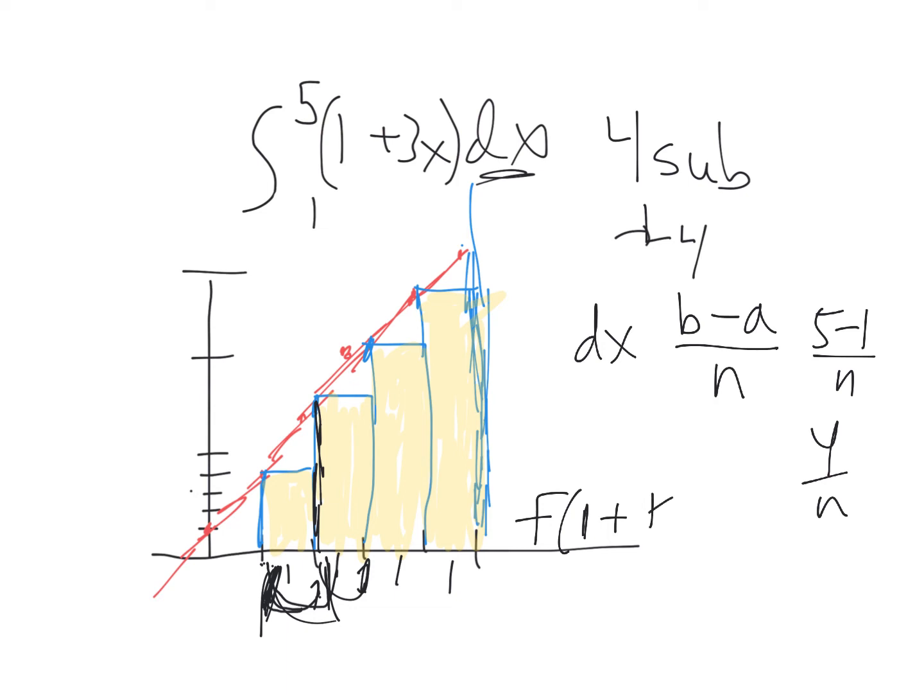So the way we denote this is take k for whatever rectangle we want, times 4 over n. And then that gives us the height of our rectangle, and then we're going to multiply it by the width of the rectangle, and in this case, it's 4 over n. And then, of course, we're going to add all those up. So let me clear this out a little bit, and we'll do a little bit more.